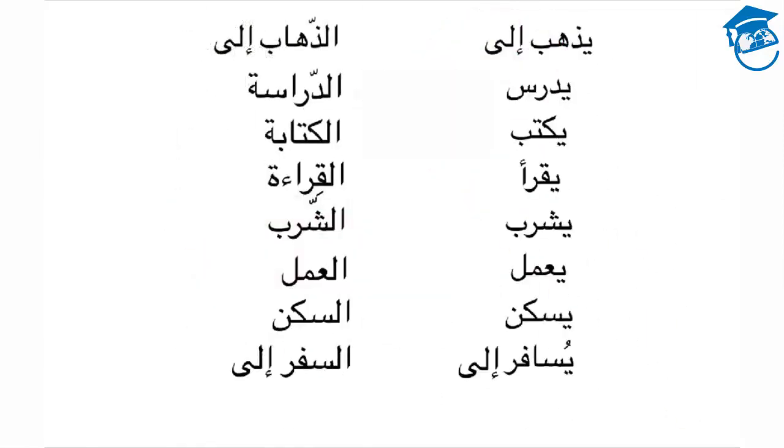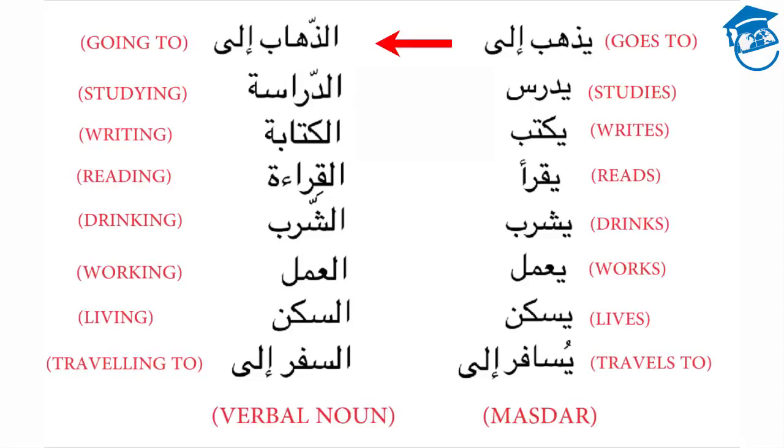Now let's look at some examples of Form 1 verbs and their masdar. In the first one we have yadhabu ila, he goes to. The masdar or verbal noun is al-dhahab ila, going to. Yadrusu, he studies.